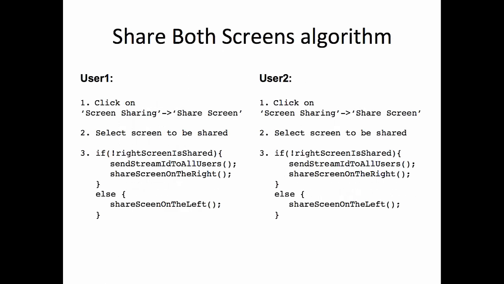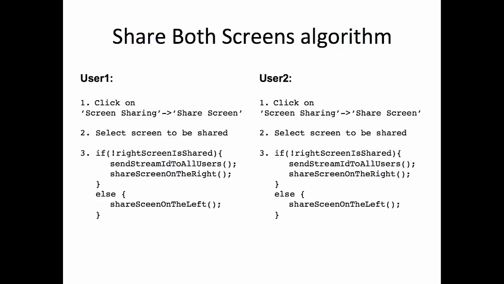So here's an algorithm for one of the main functionalities that I implemented, which is the share screen algorithm. In this case, like I mentioned before, at least two users will have to be inside a conference.